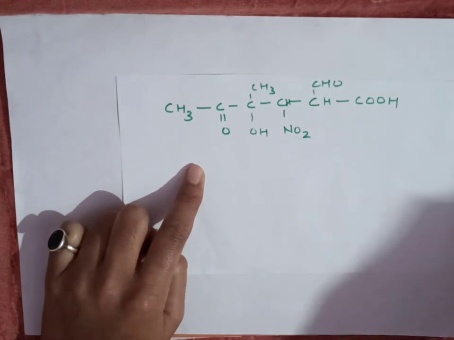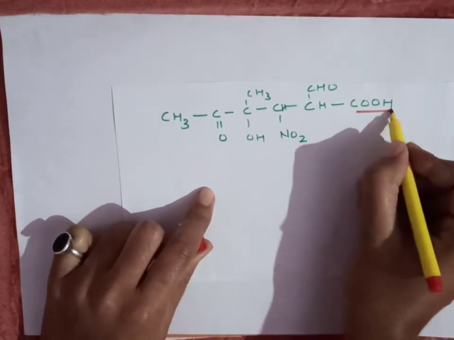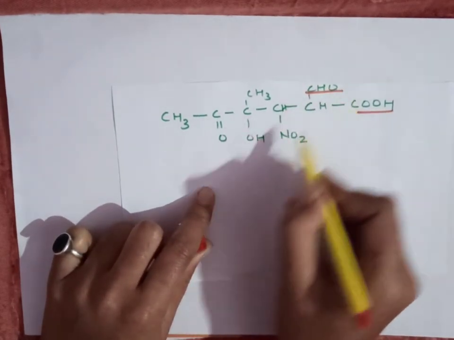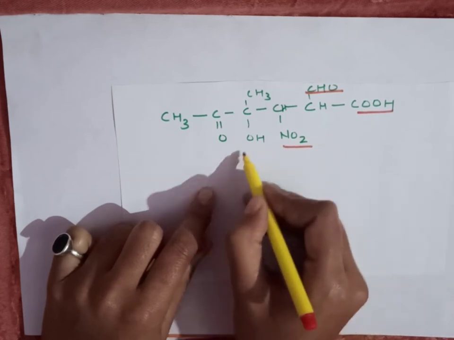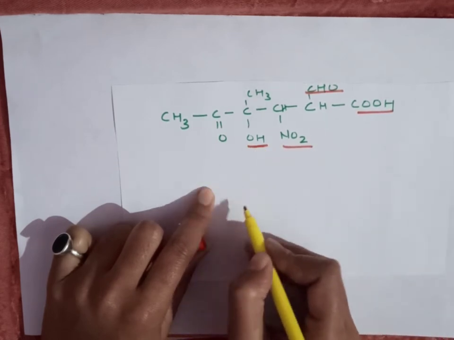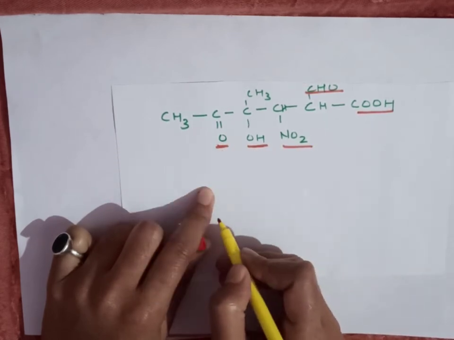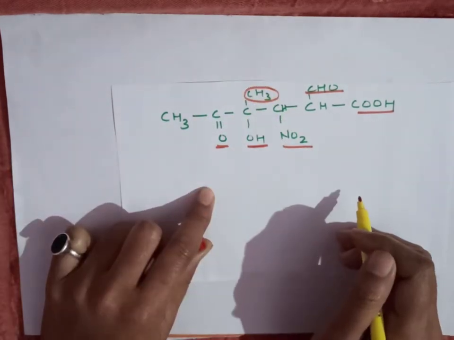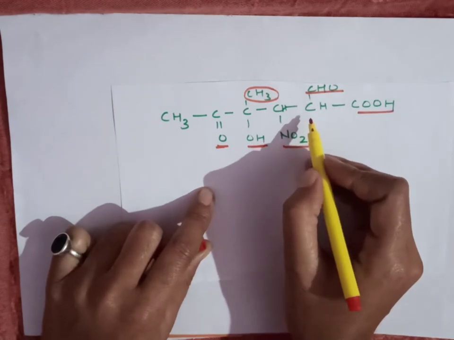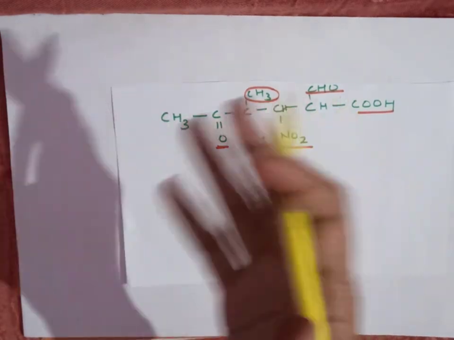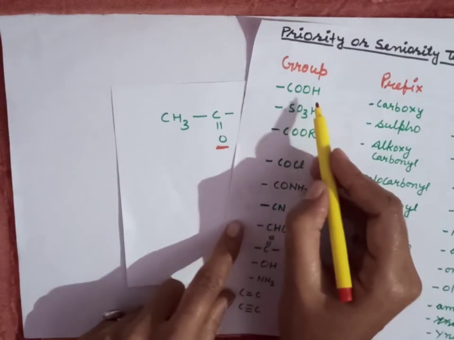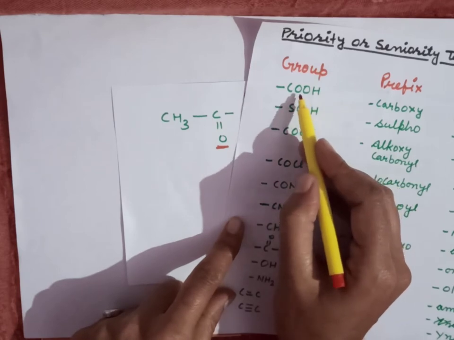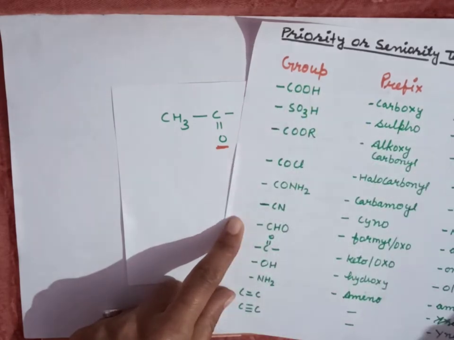This one is the carboxylic group, this one is the aldehyde group, this is the nitro group, this is the alcohol group, this is the ketone group, and this is the methyl group. But see, in the priority table which one comes first? Carboxylic acid. So this one we have to give priority.